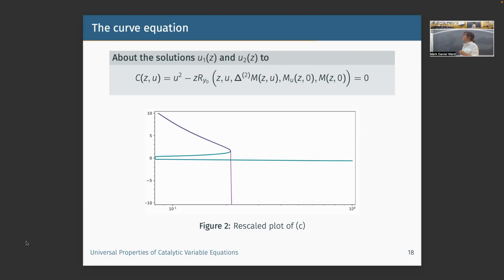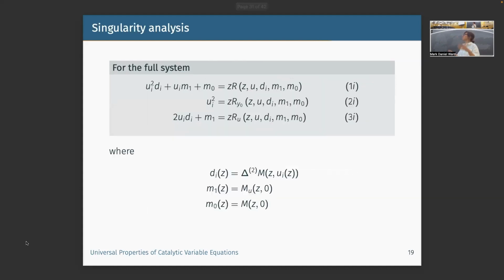The solution to this equation comes from 0, and then u1 leads you exactly to this boundary of convergence and joins it. And here we will actually do this singularity analysis. It's also easy to see that u2 will not contribute to the singular behavior of M_z,u and M_z0, the functions we're actually interested in. So u1 is the important thing.